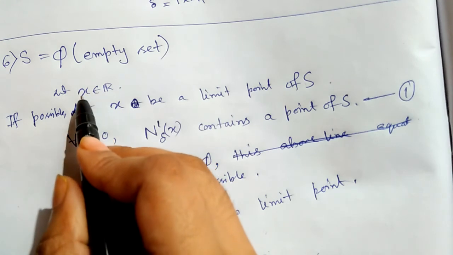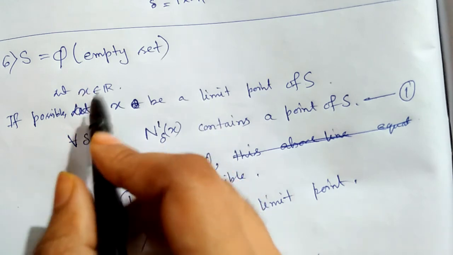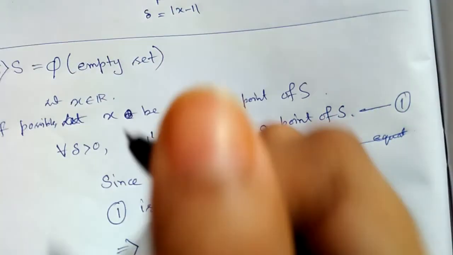So we cannot get any real number which is a limit point of S. Therefore, the empty set S has no limit point.